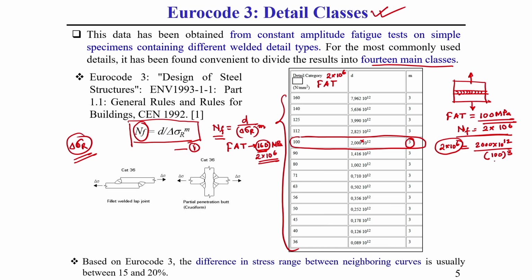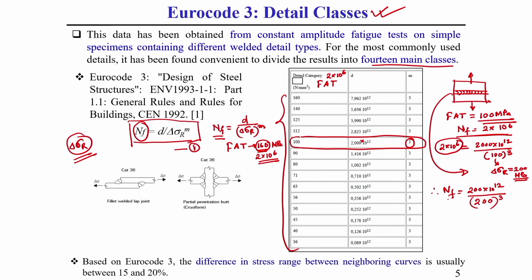Now, for this type of weld configuration, let us consider delta sigma r is 200 MPa. In this case, what should be NF? This NF should be calculated as follows: D will be this, because we are using the same configuration of weld geometry, and just delta sigma r will be 200.